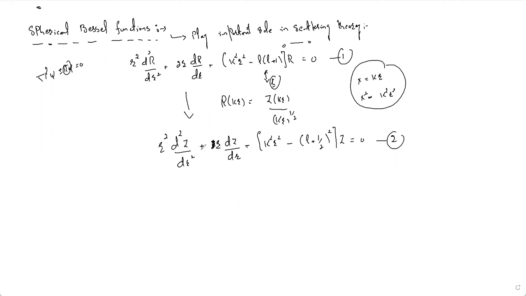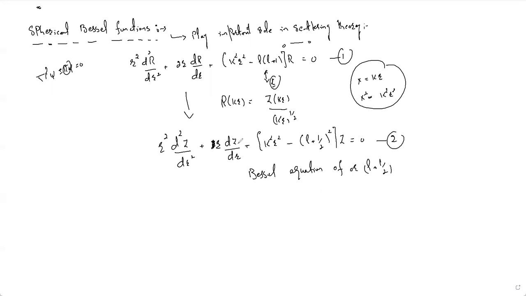Now this equation is what we call a Bessel equation, but it is a Bessel equation of order l plus 1 by 2, a half-integral value.